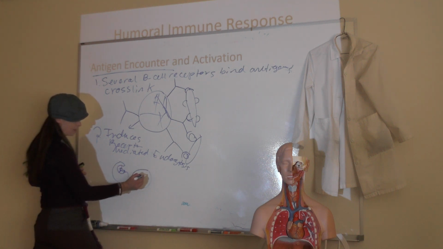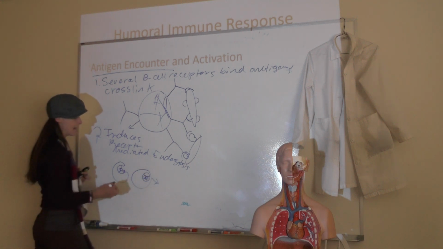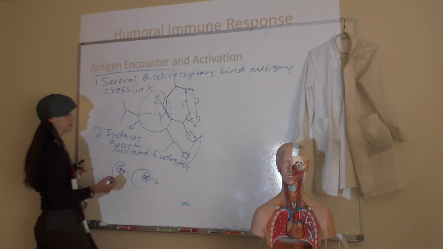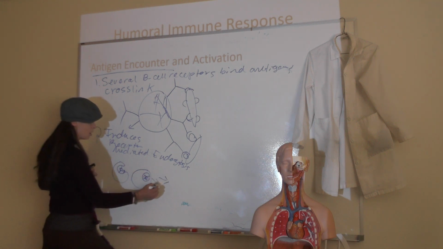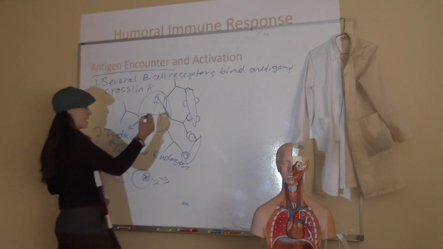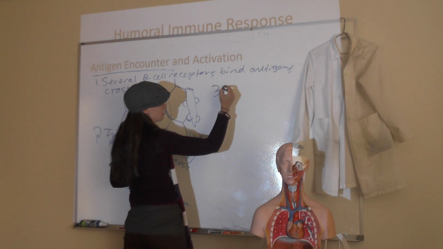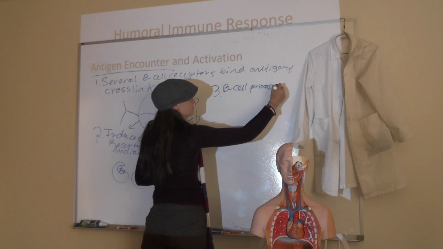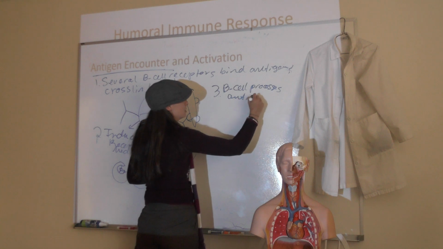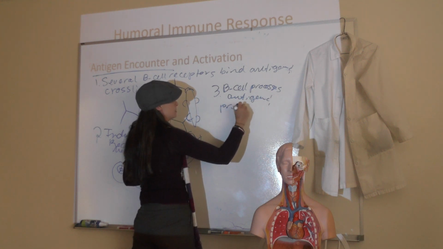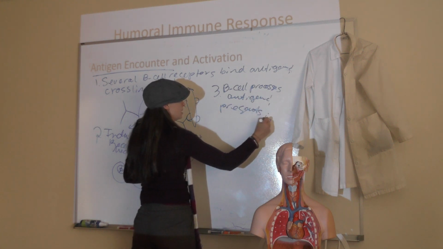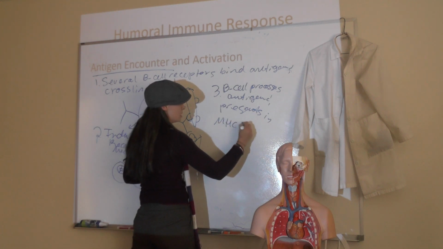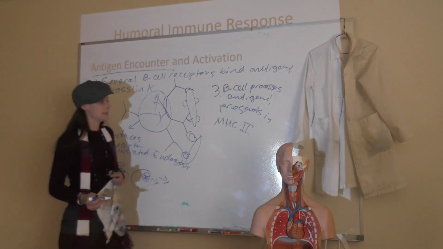So it pulls in this whole group of plasma membrane and all of the bound receptors, and now it can process that and become an antigen presenting cell. So after this, maybe for a third step, the B cell processes the antigen and presents in MHC2 because it's an antigen presenting cell.